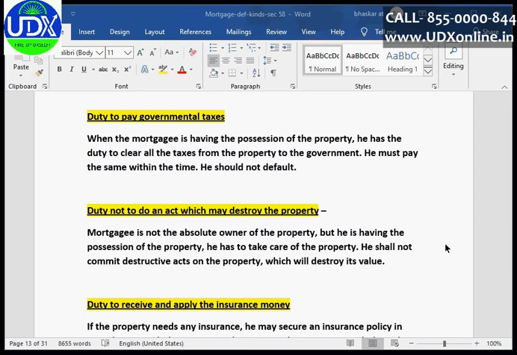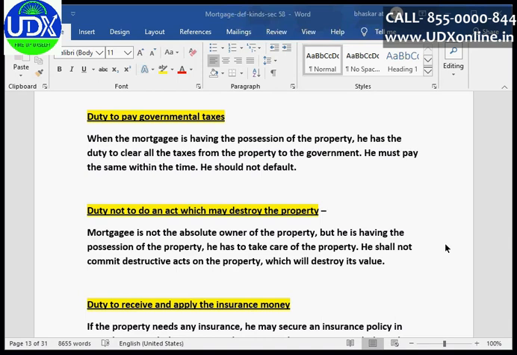Now he has made sufficient money, but the act of selling the sandalwood from the farm is an act of destruction. Such an act is going to destroy the value of that property. So it is a very, very bad act on the part of the mortgagee.